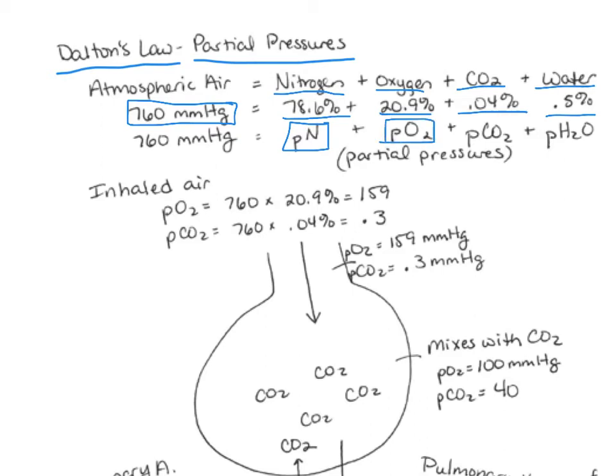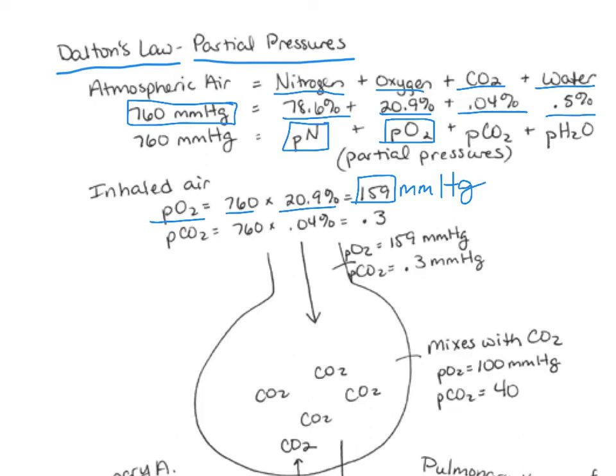So the partial pressure of oxygen is 20.9% or 21% of 760. To figure that out, the partial pressure of oxygen is 760 times 0.209, and that gives us 159 millimeters of mercury. So when you're breathing air in, that oxygen has a partial pressure of 159 millimeters of mercury.